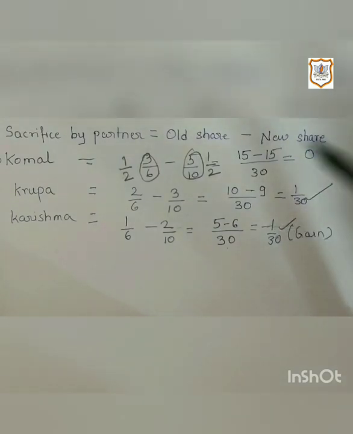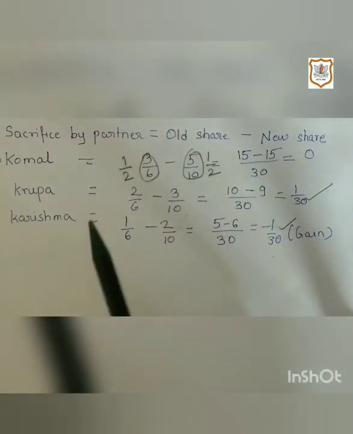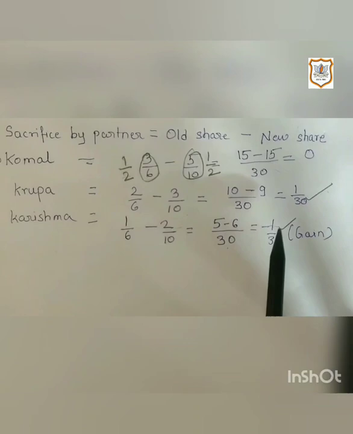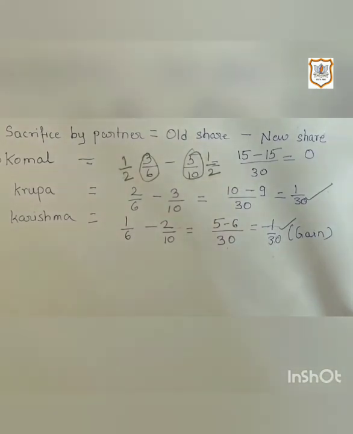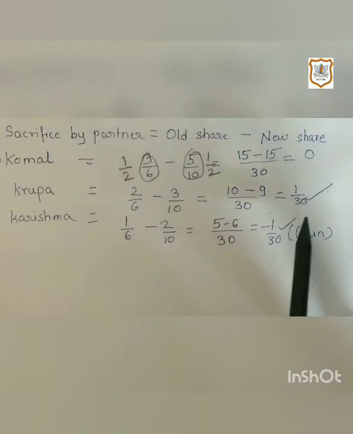As you can see here, Kripa is sacrificing by 1 by 30 and Karishma is gaining by 1 by 30. From this calculation, we can say that the benefit of Karishma of 1 by 30 share is due to the sacrifice given by Kripa of 1 by 30 share.